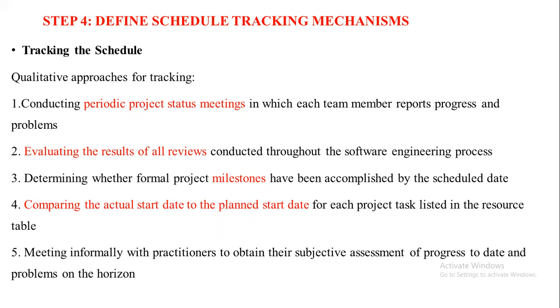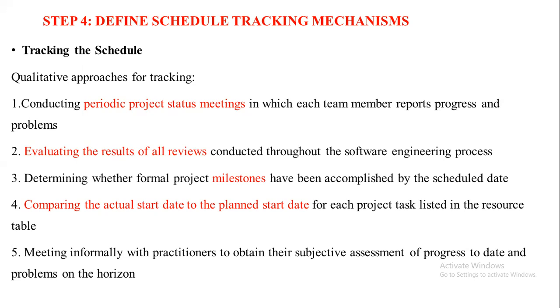For the qualitative approach, you can conduct periodic status meetings with your team members to know the progress of the system, and if they have any problems, you can find out and sort them out so that you can complete your project on time.